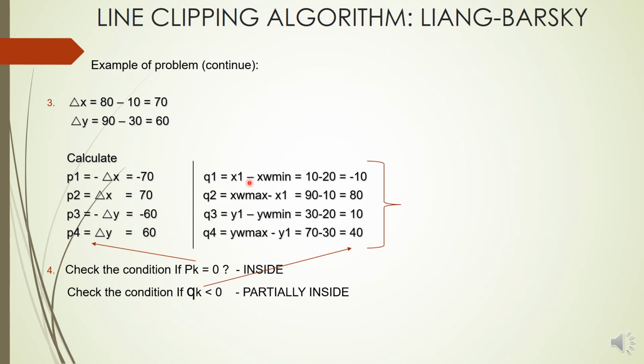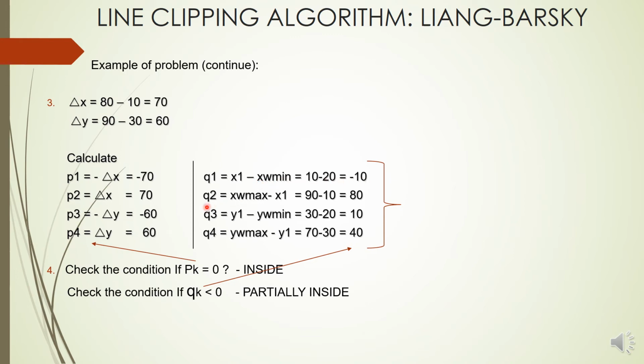And then we calculate Q1, Q2, Q3, and Q4. Q1 is x1 minus xw min. x1 is 10 from the previous slide. 10 minus xw min, which is 20, you get negative 10.